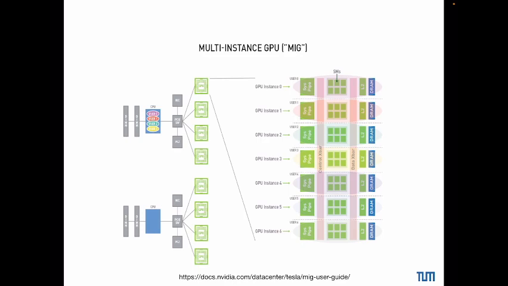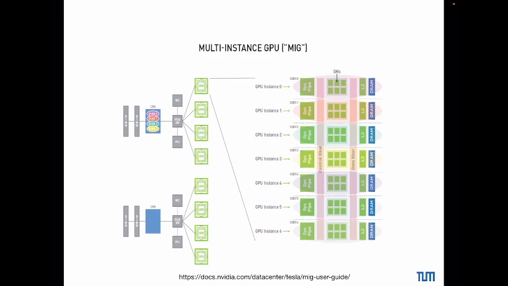With the multi-instance GPU feature, you can now partition the GPU in hardware. You can make it look like multiple GPUs. Here in the picture, it is split into seven instances. So these are seven small GPUs, separated by hardware, but it's only one physical chip.